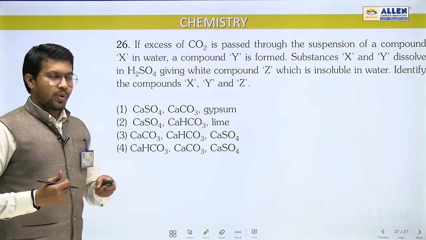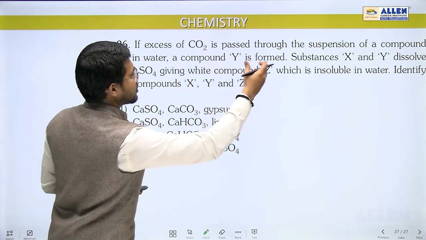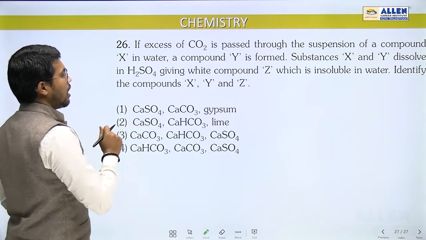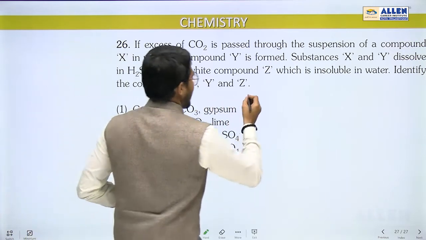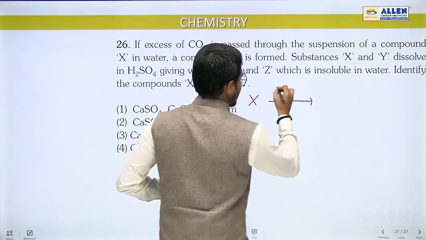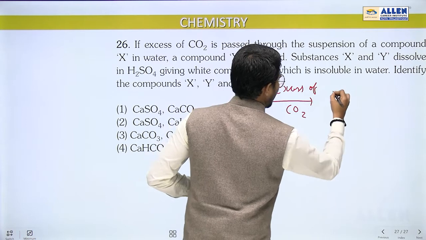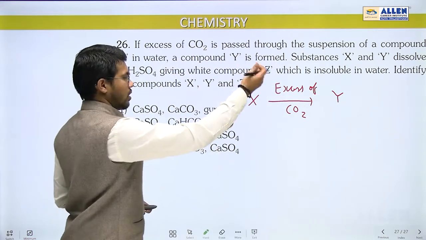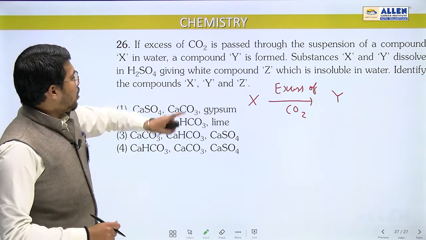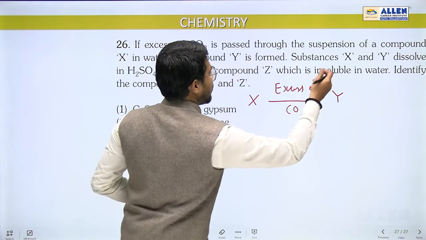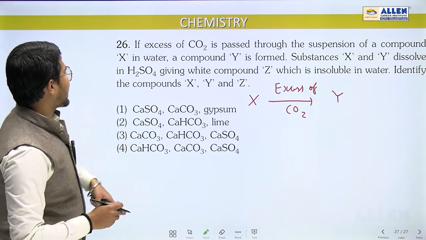Now, this next question says, if excess of CO2 is passed through the suspension of a compound X in water, a compound Y is formed. First of all, we are passing excess of CO2 through X, and we are getting Y. Moving further, substances X and Y dissolve in H2SO4 giving a white compound.